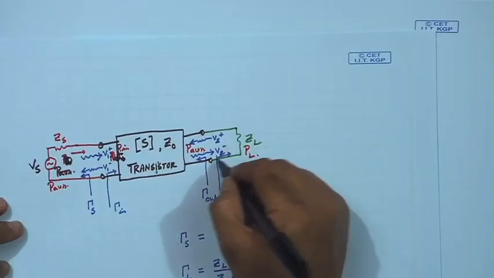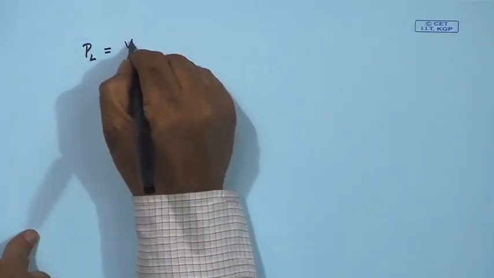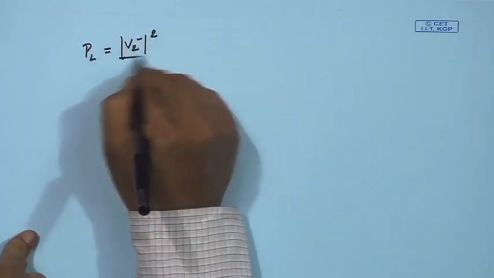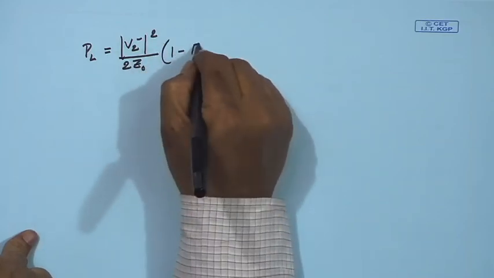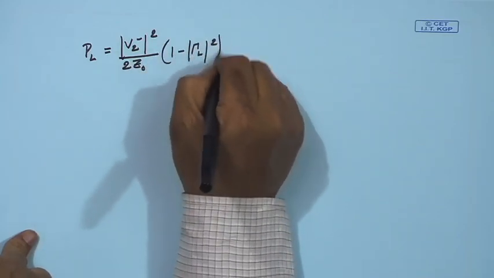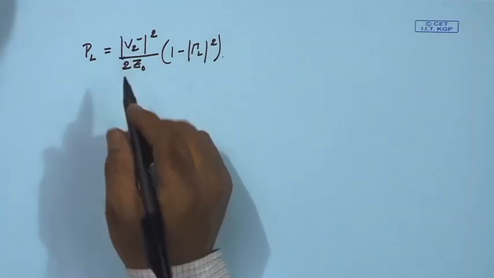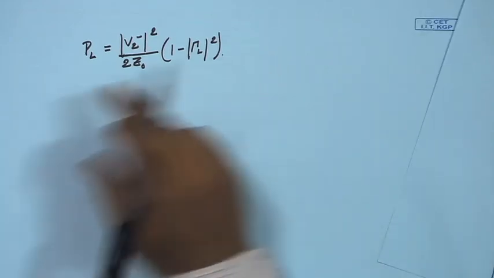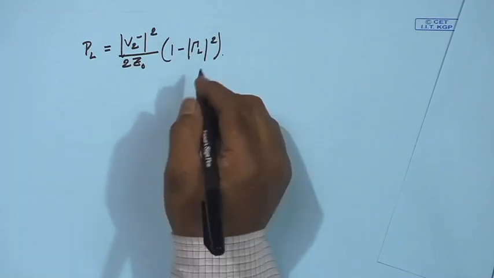You see, V 2 minus is going to P L. So, I can write P L as V 2 minus square by 2 Z naught, 1 minus gamma L square. Like V 1 minus, V 2 minus can also be related with gamma s and gamma L.